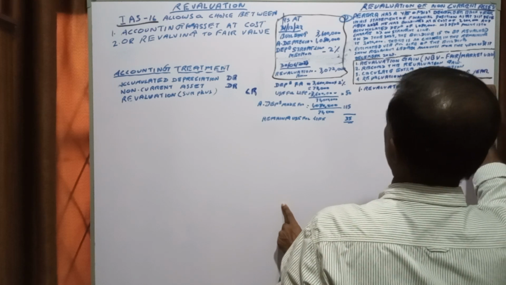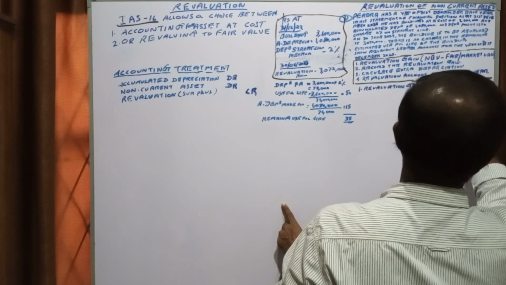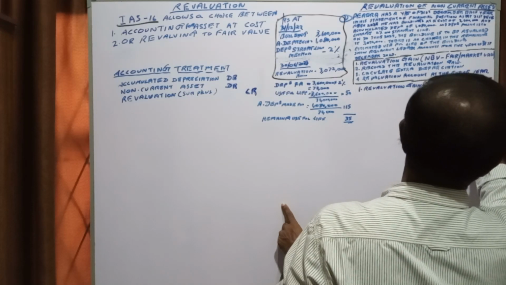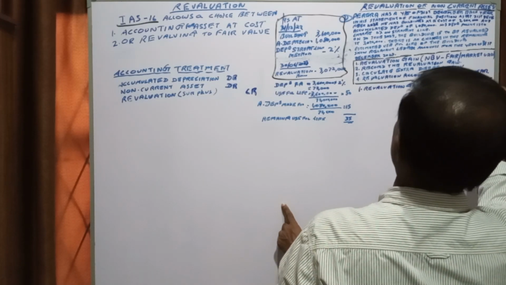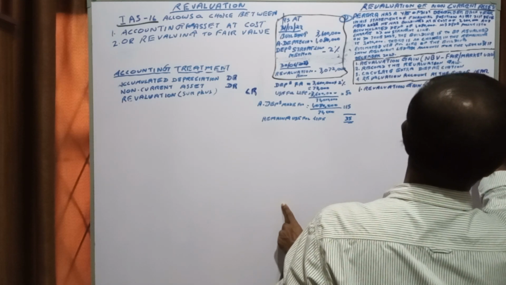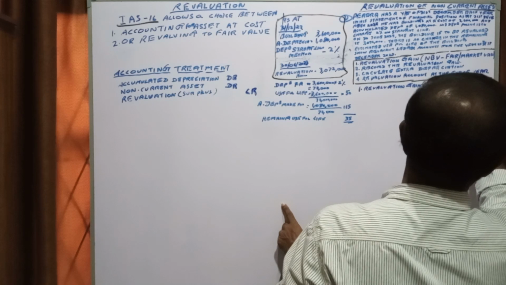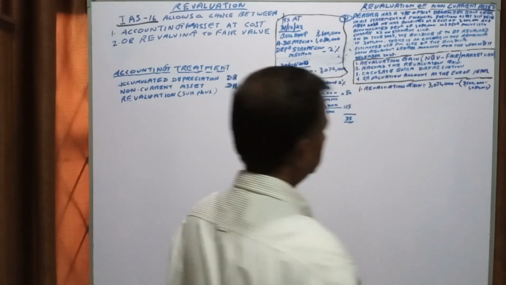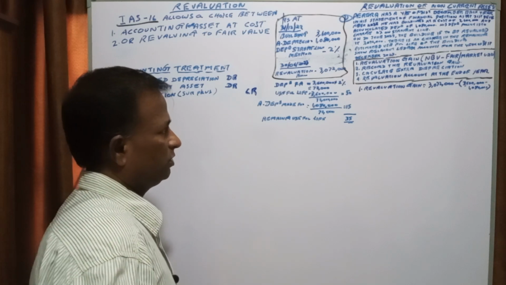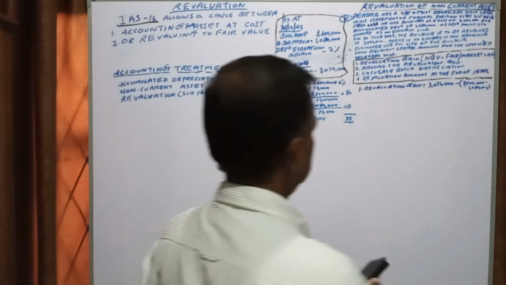Net book value is 3,600,000 minus 1,080,000. This is the revaluation going to take place.